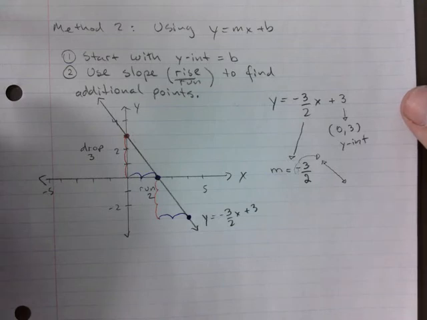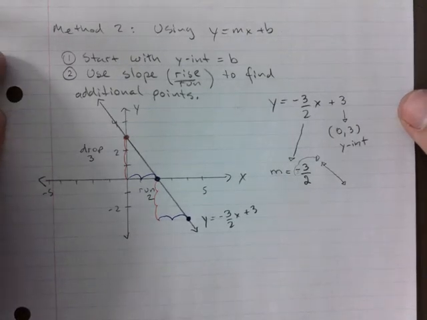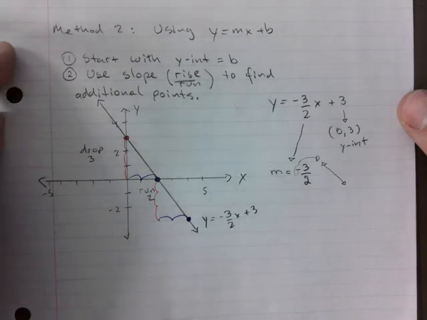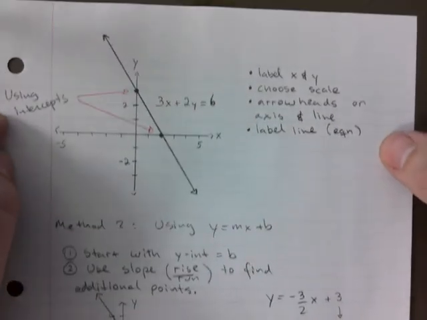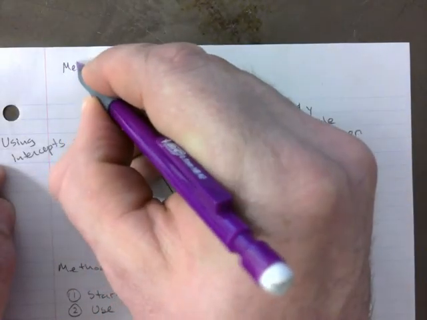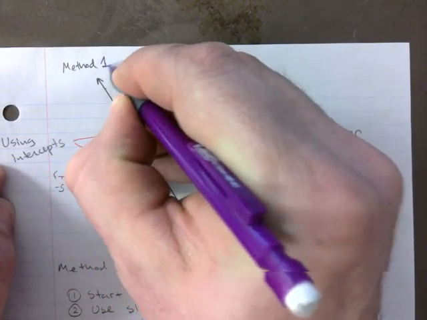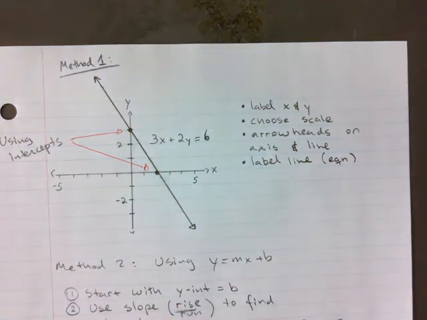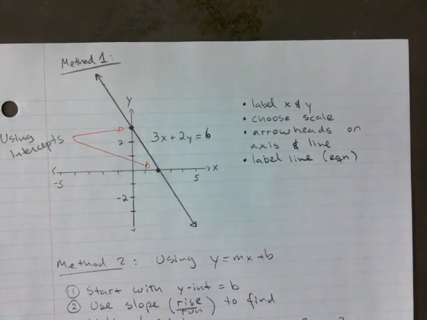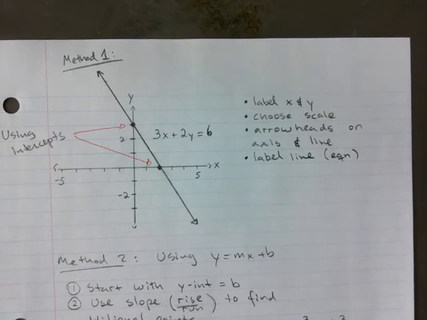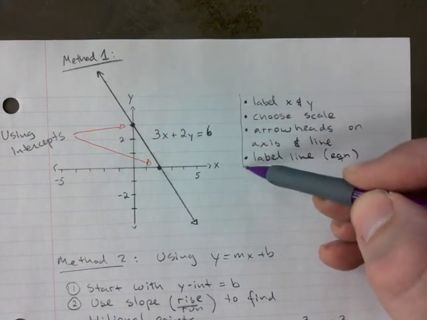I'm leaving it on there a little bit before I move on. I think I didn't put method number 1 on the first one, did I? So I'm going to go up and just write method 1, just to make sure that we have it all. And this is just an aside.